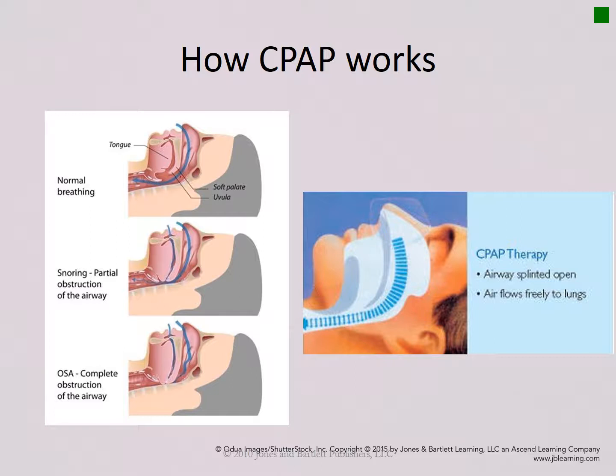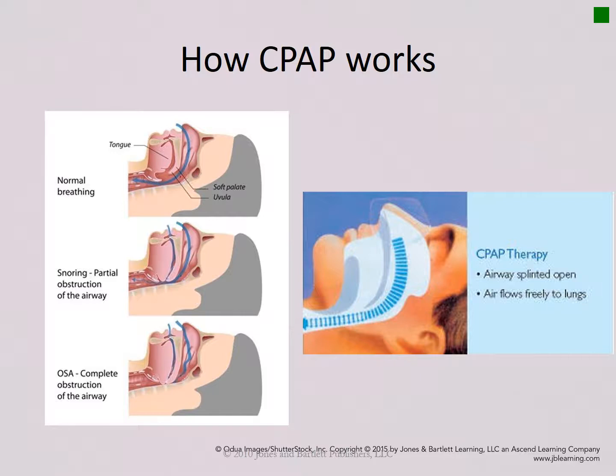In the picture in the middle, this person is snoring, and you can see the blue line can't go through the airway as easily as it does on the normal breathing patient above. This is a partial airway obstruction, and it's actually vibrating as the patient tries to breathe at night. The uvula and soft palate vibrating around causes those tissues to become more inflamed and edematous, which then worsens the sleep apnea.